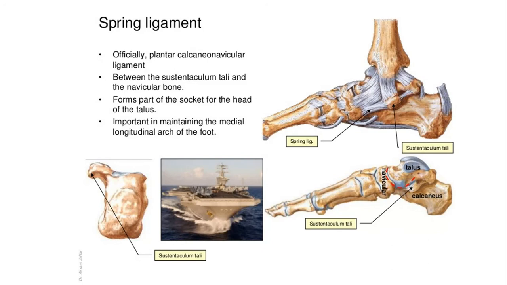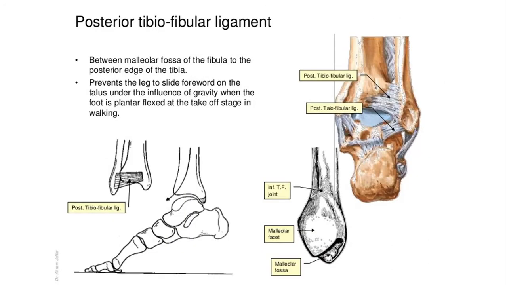Posterior tibiofibular ligament is very important, between the malleolar fossa of the fibula and the posterior edge of the tibia. Here is the posterior tibiofibular ligament. It prevents the leg from sliding forward on the talus under the influence of gravity when the foot is plantar flexed.